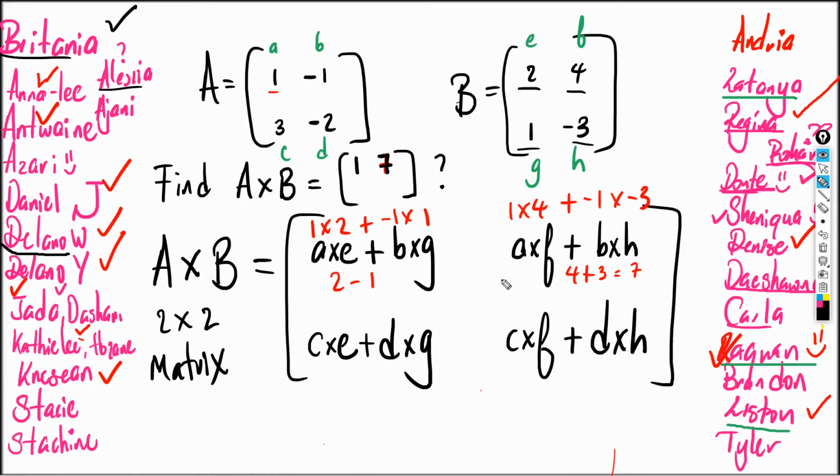The next one here, guys, is C times E, which is 3 times 2, plus D times G, which is -2 times 1. You're going to get 6 minus 2, which gives us 4. Make sense, guys?